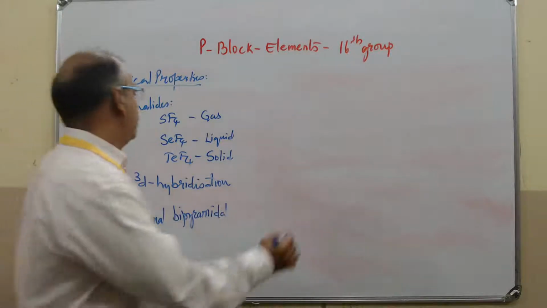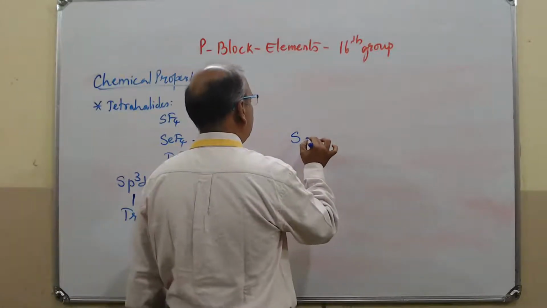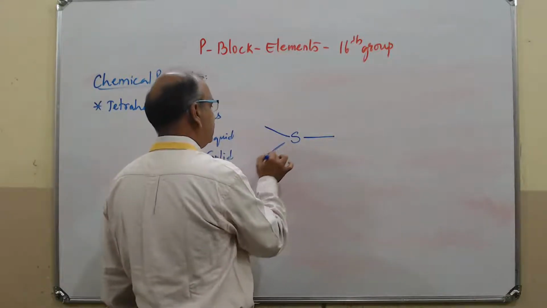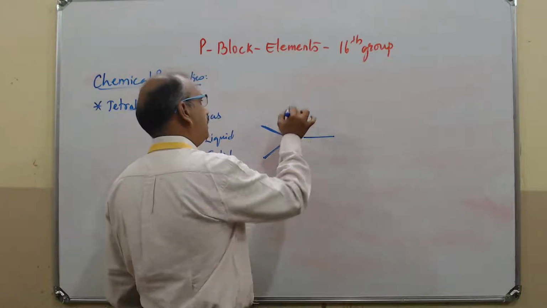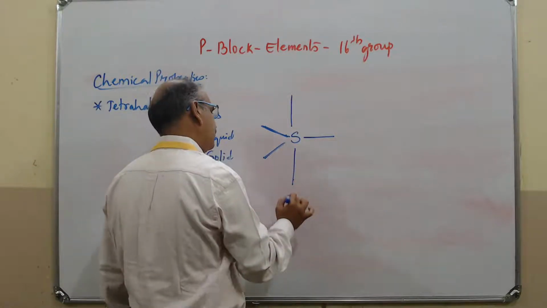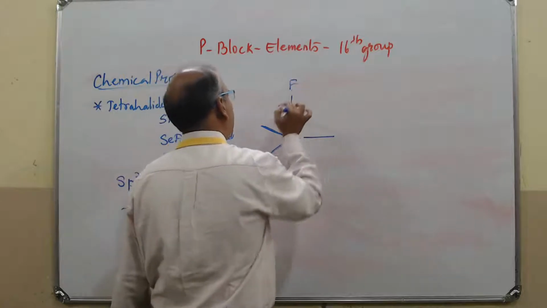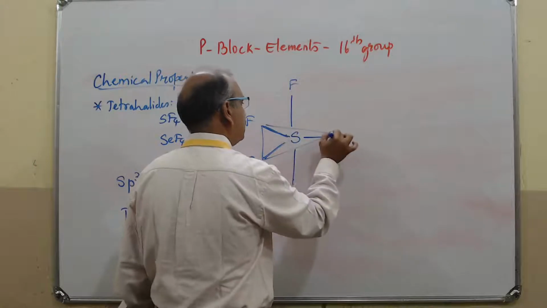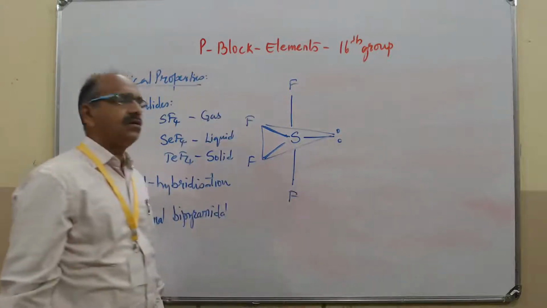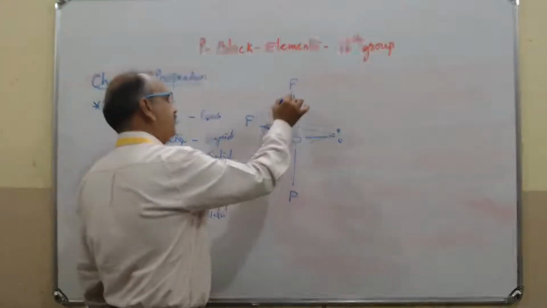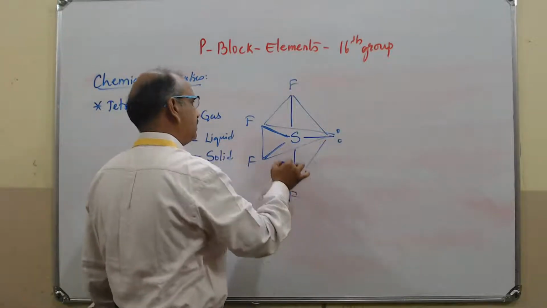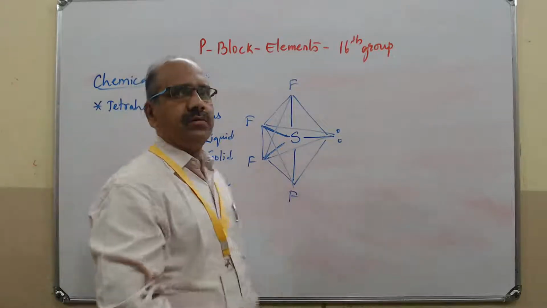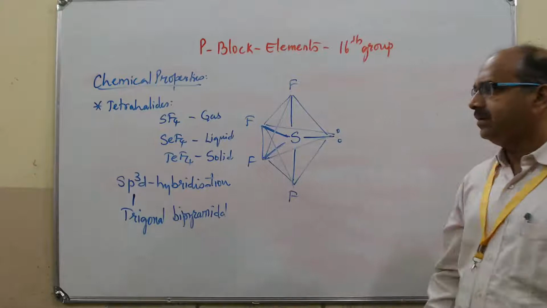Trigonal bipyramidal, so sulfur in the center. You have one bond here, another, and this is trigonal and bipyramidal. This is F, and F. You bond like this, and here you show the lone pair of electrons. If you join this, it becomes trigonal bipyramidal.